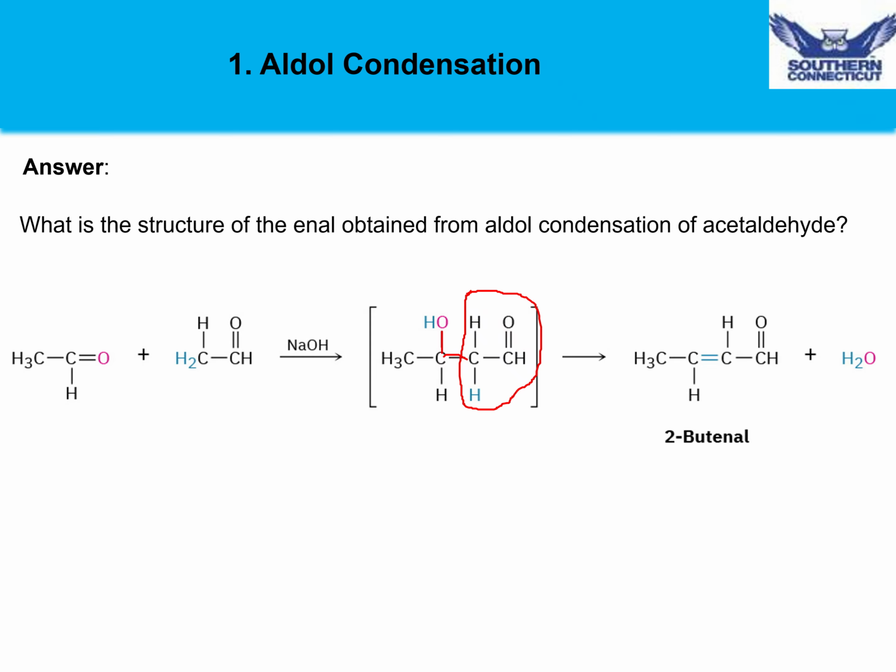Now that product, at least if we heat it under basic conditions, usually loses a water molecule by losing that OH group as well as this alpha hydrogen. And so we end up with instead a double bond where the OH and hydrogen were. So this is what we sometimes refer to as an enone or an alpha beta unsaturated carbonyl.